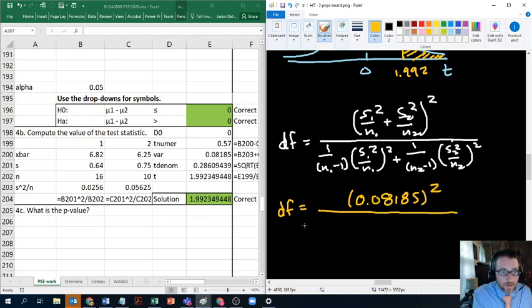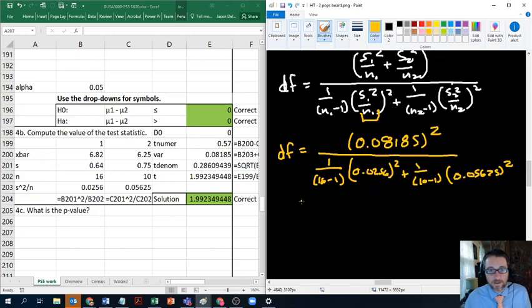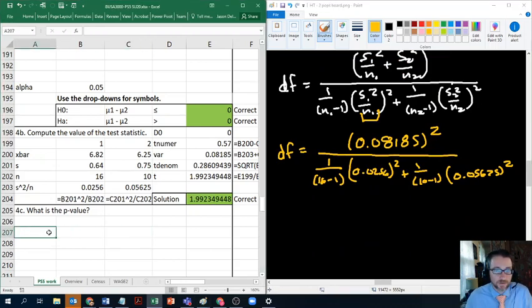And over here we've got 1 over 16 minus 1 times this formula, which looks like it requires squaring and then dividing, but we've already done it, it's 0.0256 squared, plus 1 over 10 minus 1 times 0.05625 squared. It's not most people's idea of a fun time, but it's not super difficult to figure out.